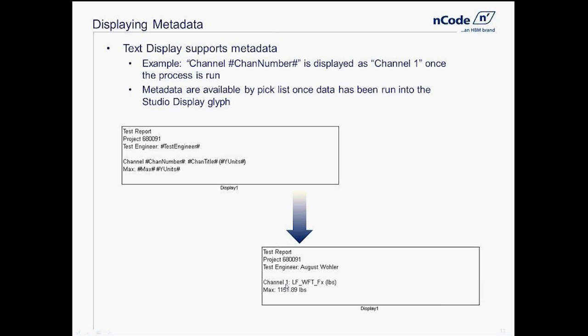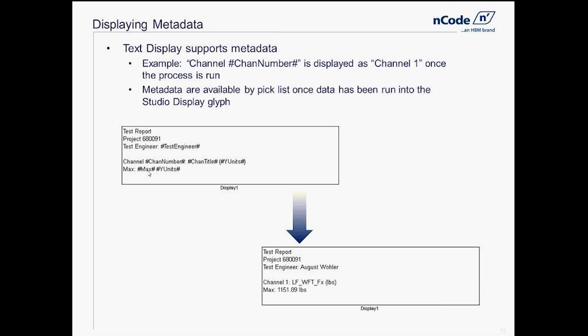Now the benefit here is we can create a process that we would intend to be a standard process, a container report. The report could be generated every time we select the Run button, but our test data may vary from day to day. We may have different channel numbers, different channel titles, and most certainly some of the numerical values in terms of the maximum and minimum values in our channel data is going to be different as well.